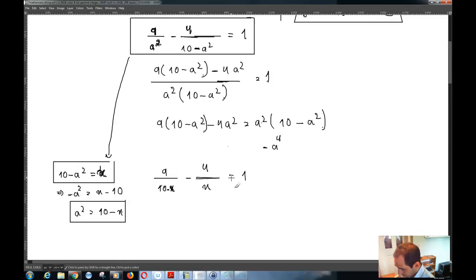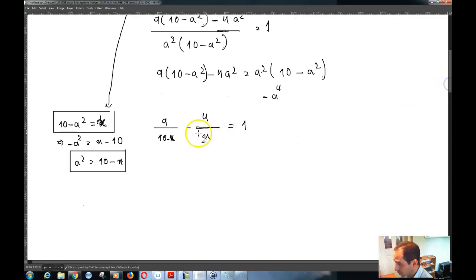Okay, and now if I multiply all of these together, x times x is going to be x squared, a second degree equation instead of a fourth degree equation. Of course, these are basically the same ways of doing the same thing. But this seems to be better. I mean, this is much more straightforward.